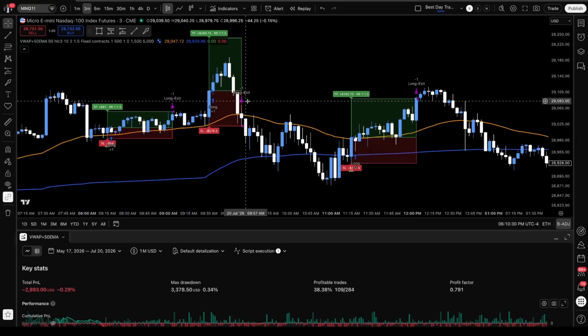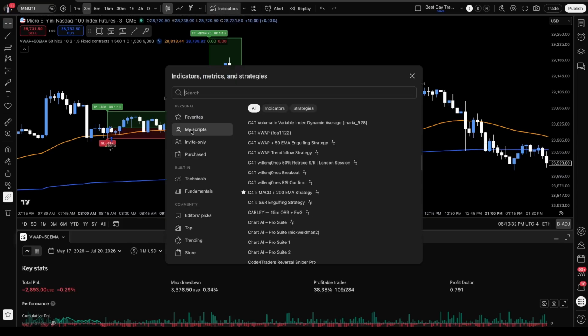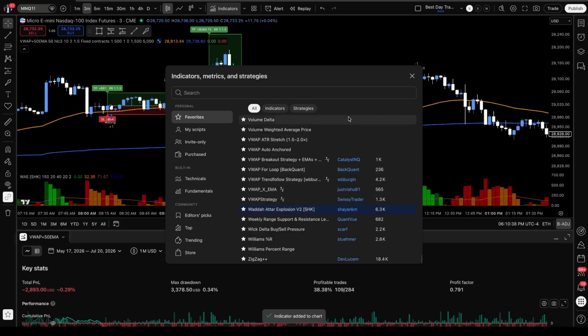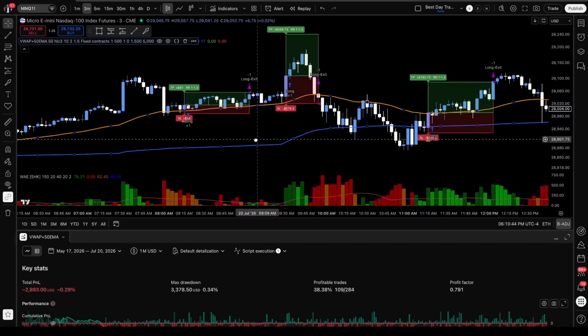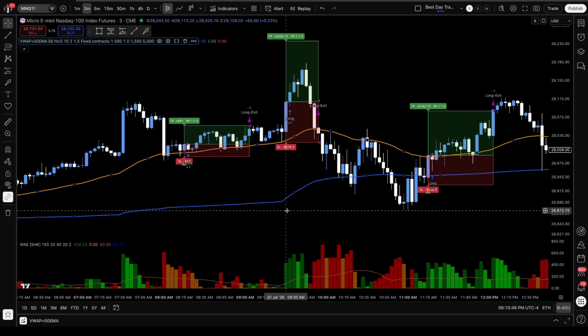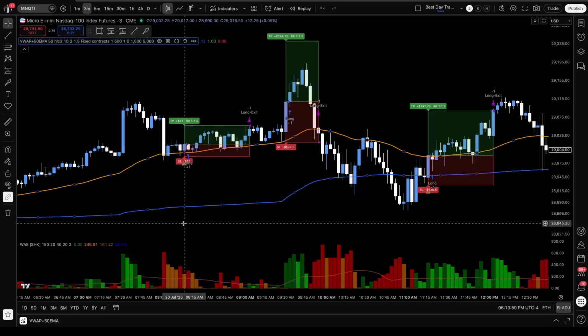But you can easily add one of my favorite indicators. Where is it? This one here. Is it this one? Yes. So the Waddah Attar Explosion, this one's actually one of my favorite ones. You can add that and say, okay, is this an actual good entry? Because you may have scenarios like this.